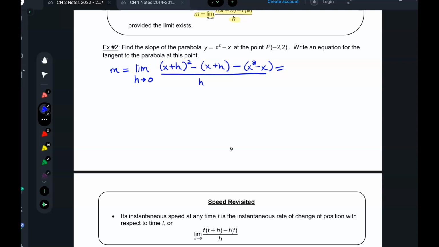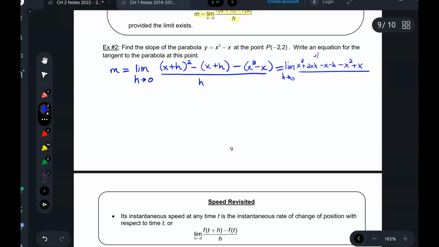Okay, let's see. I don't know if I can squeeze it in here. So you should have x squared plus 2xh plus h squared minus x minus h minus x squared plus x, all over h. Did I forget the h squared? Thank you. I was writing so small that I can't even see.